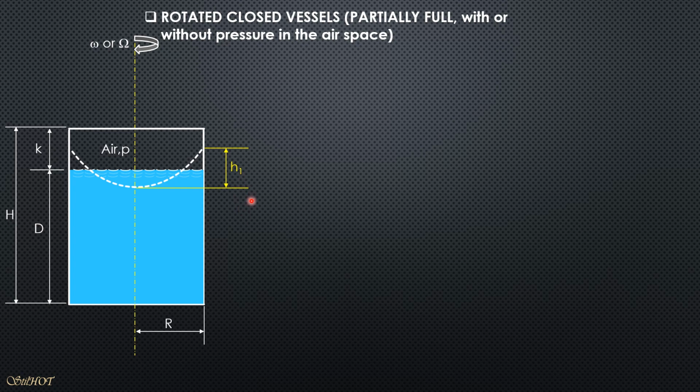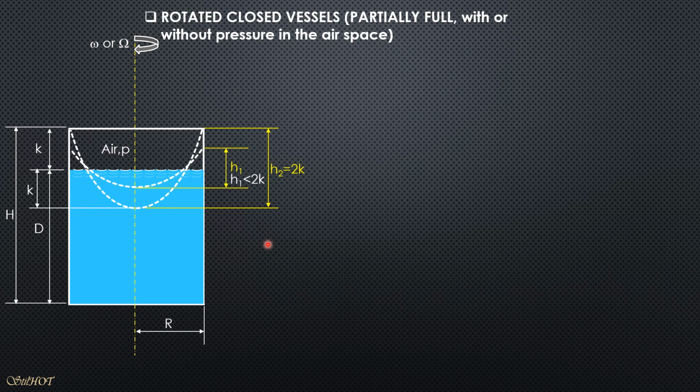So h1 here is less than 2k. Then this is the situation where the surface just touches the top rim here. That's the case where H2 is equal to 2K.